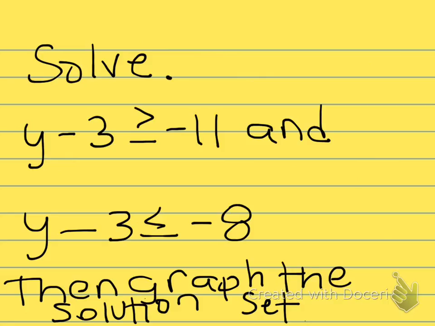So for this one, we're asked to solve, and this is a compound inequality, as there's two inequalities. It's separated by the word and. So basically, we're going to solve each inequality separately.